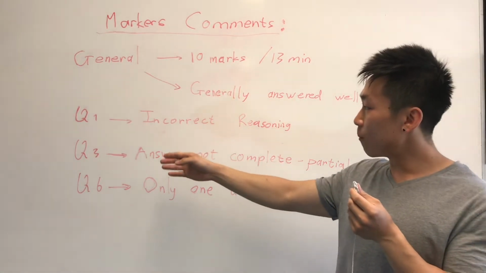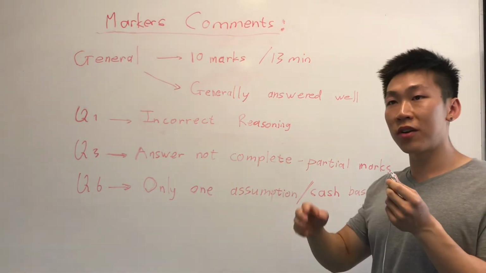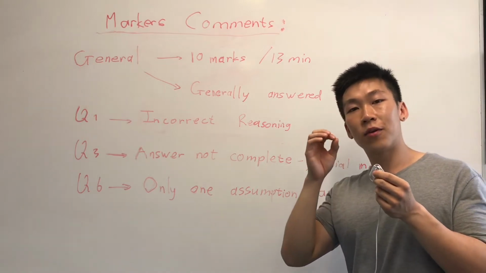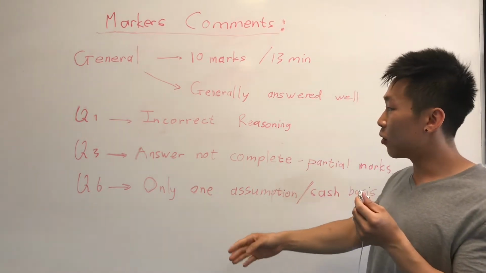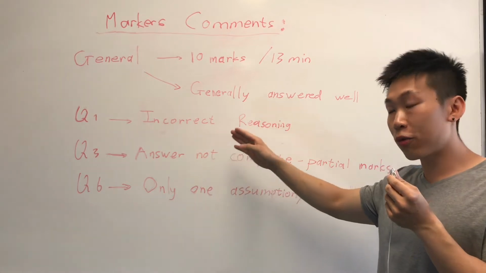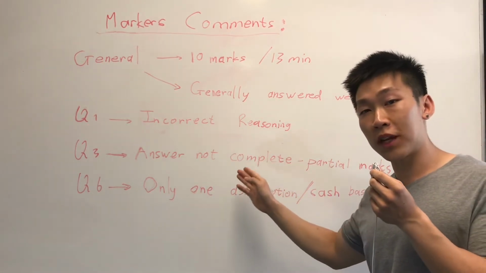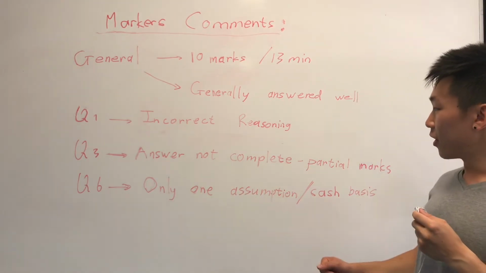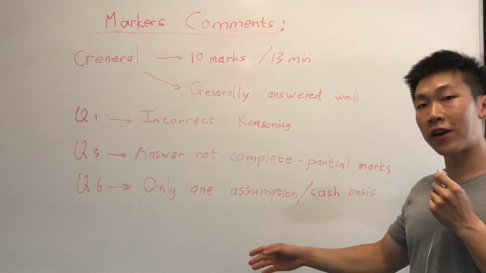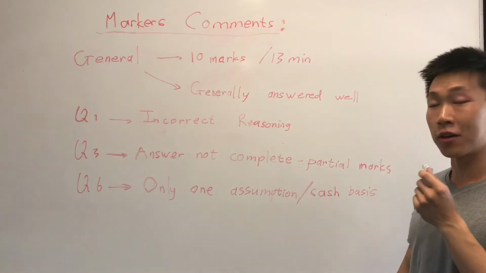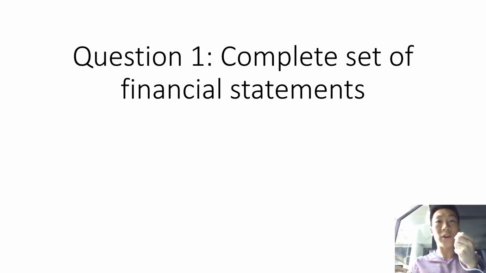For question 3, the students didn't realize that the question was out of 3 marks and only addressed 1 out of the 3 important points within the question, therefore did not score the complete marks. For question 6, a lot of the students have only identified 1 of the underlying assumptions under which the financial statements are prepared.